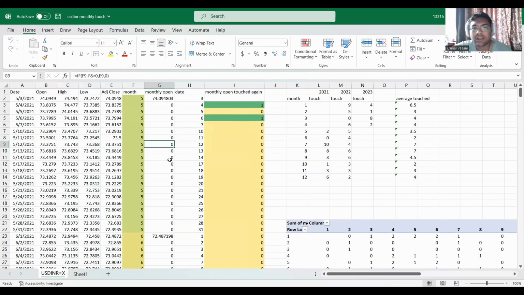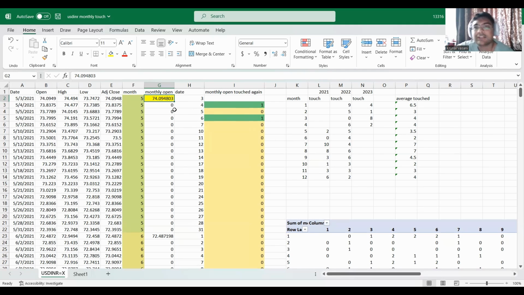Here I have tried to identify, if the monthly open of USD INR is, let's say, this point, what are the chances that it will hit that monthly open again in the current month? So what can we do with this analysis?